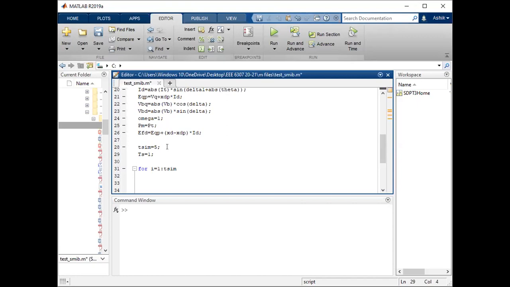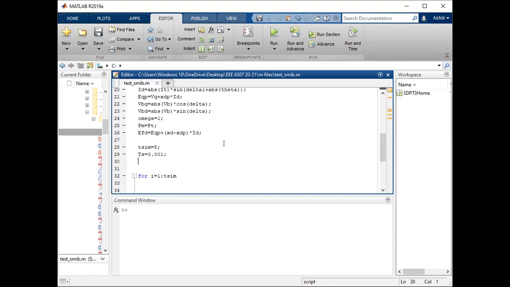If you take 1, that means with total simulation time 5, you only get 5 data points, and that is not sufficient to capture the scenario in a good manner. So we keep it in between, either 0.001 or 0.0001, something like that. We are taking it just for demonstration purpose, so it's not a big deal.